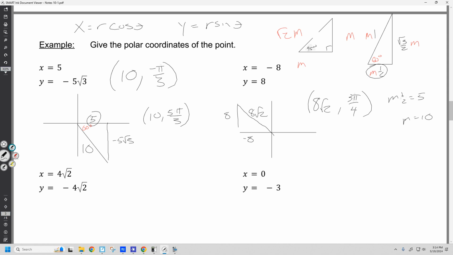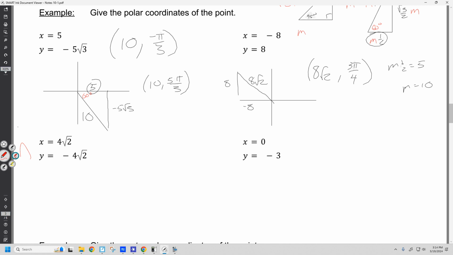All right. This is kind of the version we're used to seeing, so go ahead and figure this one out. You have 4 root 2, negative 4 root 2. What is the radius? What is the angle? Then we'll go to the last one, then we'll move on. And then we'll get to different stuff that none of you are familiar with, which will lead us to some introductions to some very complex things.